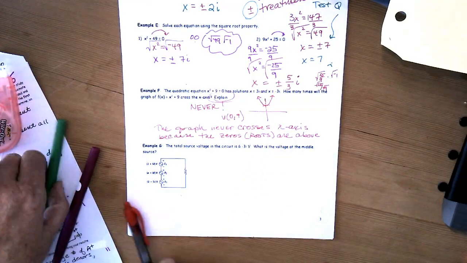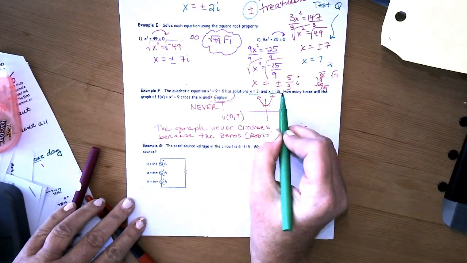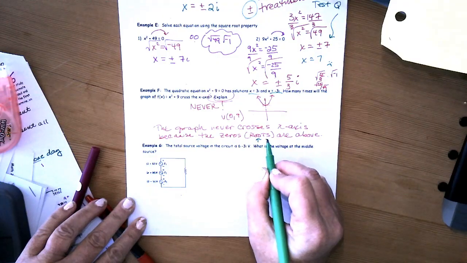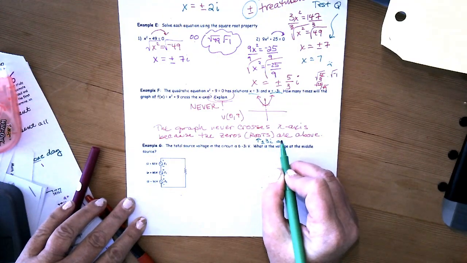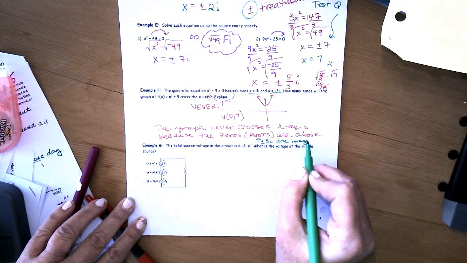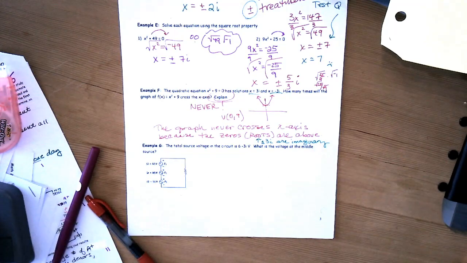And some of you might have said that these are imaginary. Plus or minus 3i are imaginary. So something about that. I might just Google that definition before we go today.